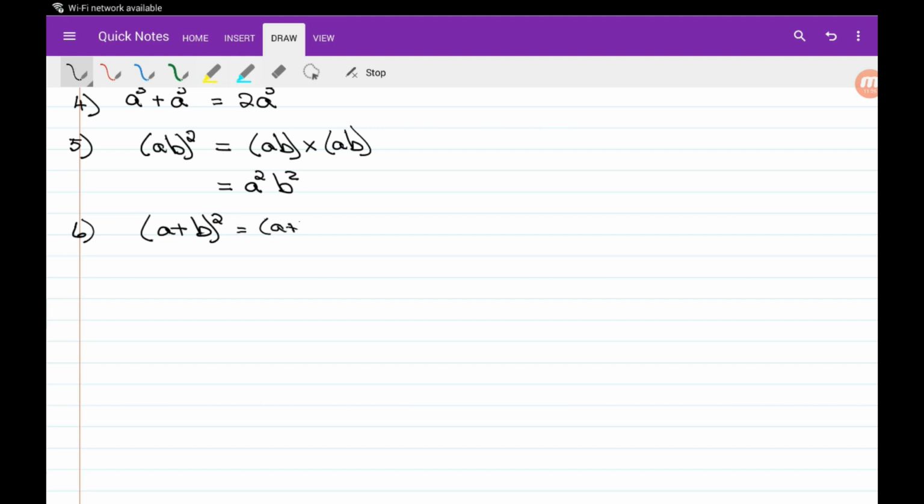This means a plus b multiplied by itself. And when we multiply out that bracket, we get a squared plus 2ab plus b squared.